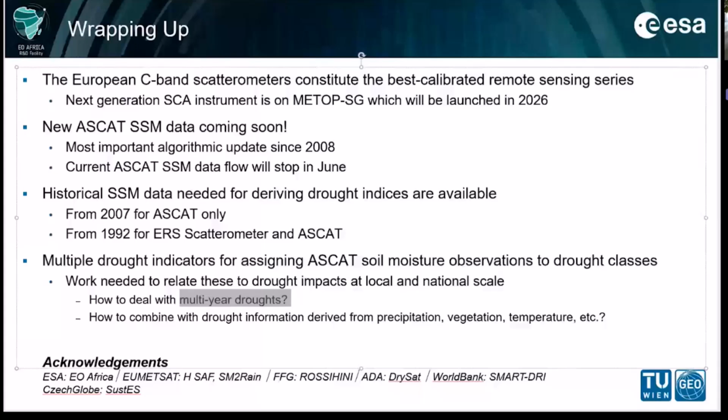People are used to working with standardized precipitation index data for different monthly periods. Many people are used to working with drought indicators based on vegetation anomalies. So I think it will also take time and availability of the soil moisture data for you to start working with it.